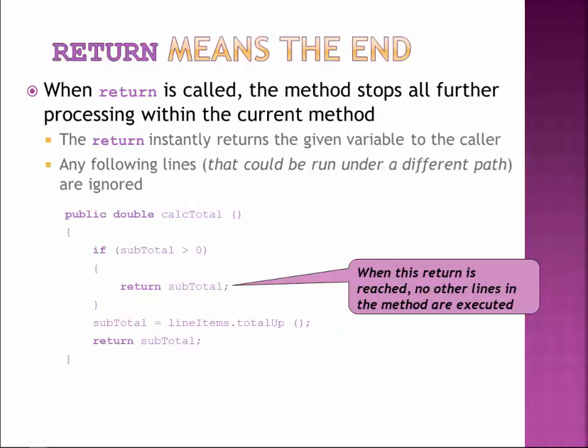And when I say return, that means I'm done. So if you look at this code right here, if I say if subtotal is greater than 0, in this case maybe I already am keeping track of a total locally or something like that, then I return the subtotal. Otherwise, I'm going to total everything up and return the subtotal there. Now, in general, this is a bad practice, and I slap myself on the hand for putting it out there.